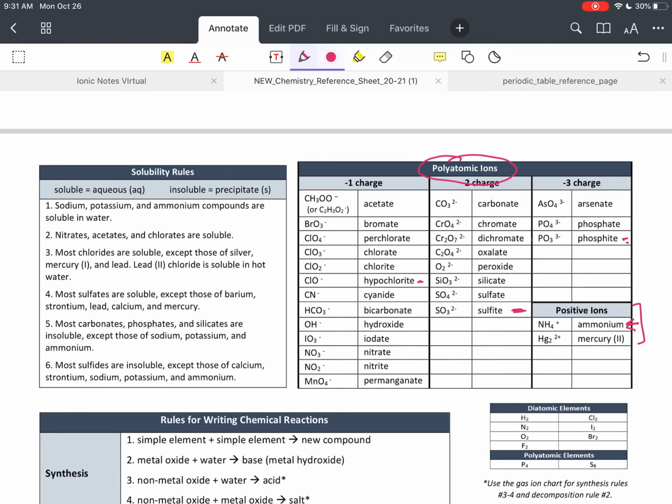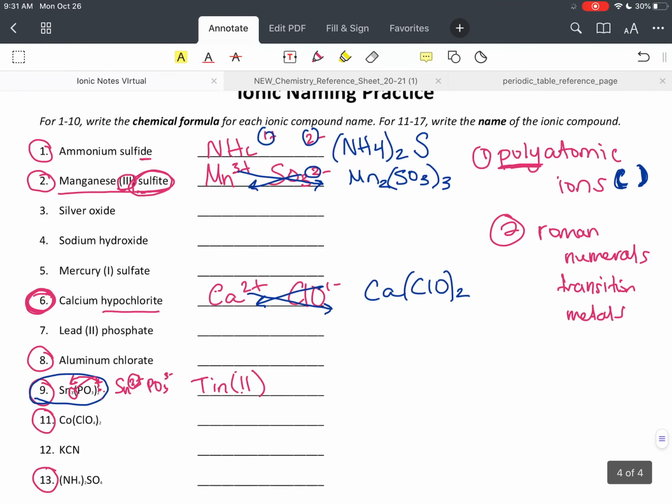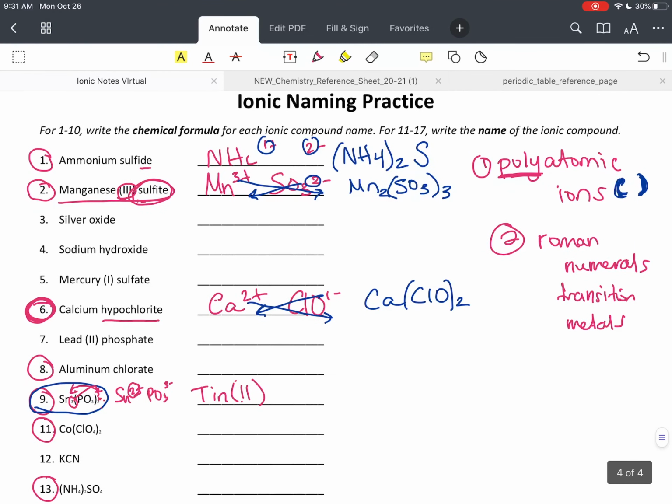So it's phosphite. So when I go back to my notes, it's going to be tin-2 phosphite. I have those Roman numerals.